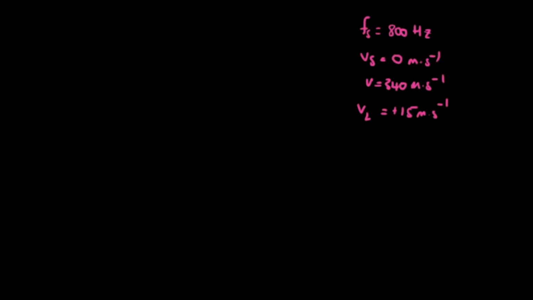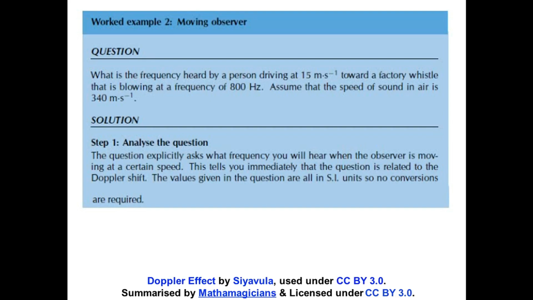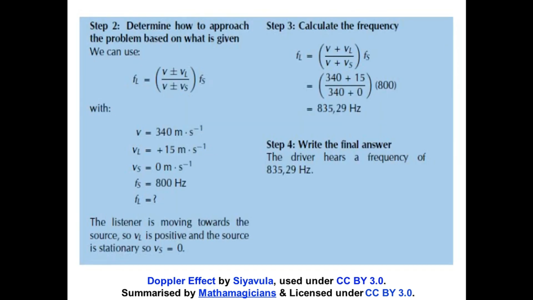But the question has worked it out for us. Obviously step one, we analyze the question, which we have. Step two, determine how to approach the problem based on what has been given. So we can use the Doppler effect equation: FL equals (V plus or minus VL) divided by (V plus or minus VS) times FS.